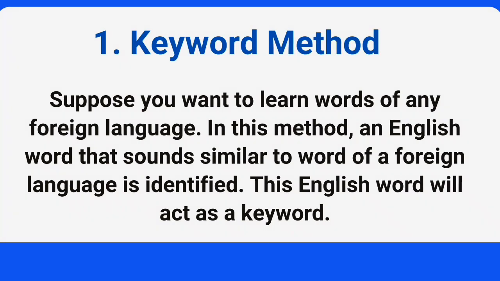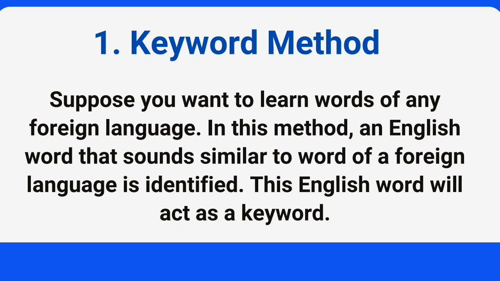So what you can do is think of a word that is similar to pato. Now just close your eyes and think of a pot, which sounds similar to pato. Now there is a pot and it is filled with water and a duck is sitting in it. Now it is quite easy to remember.